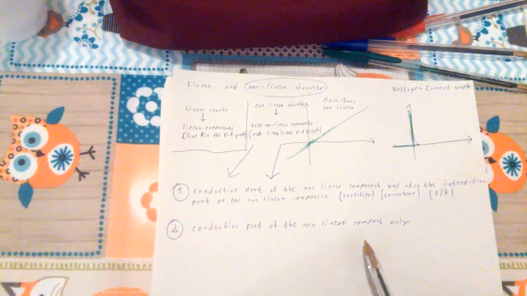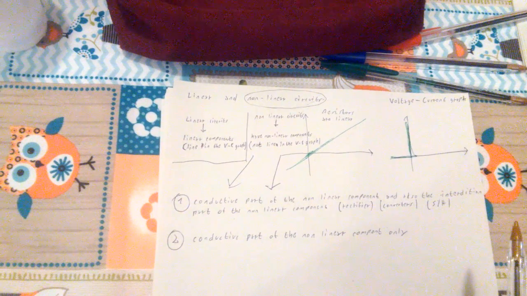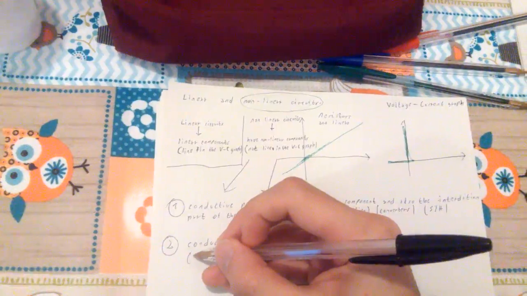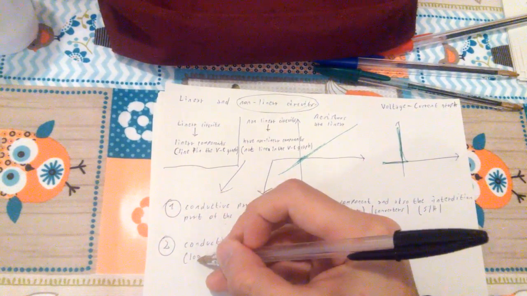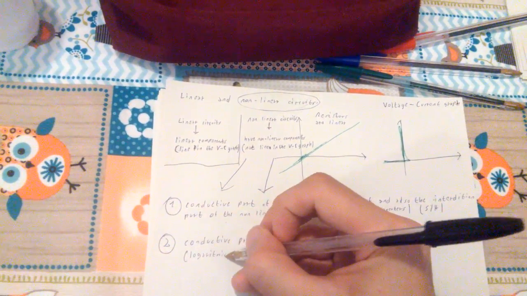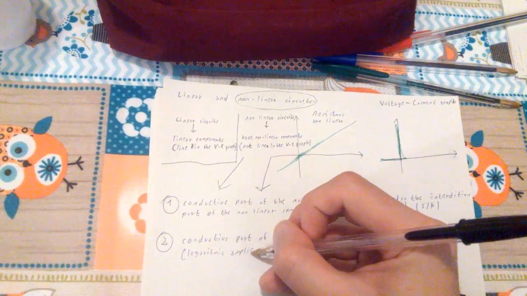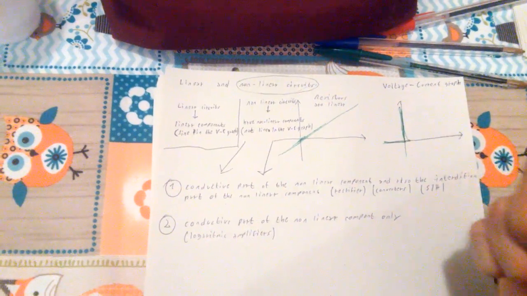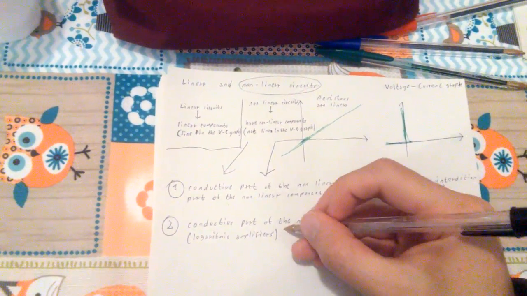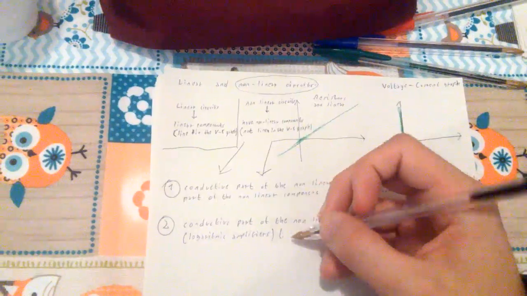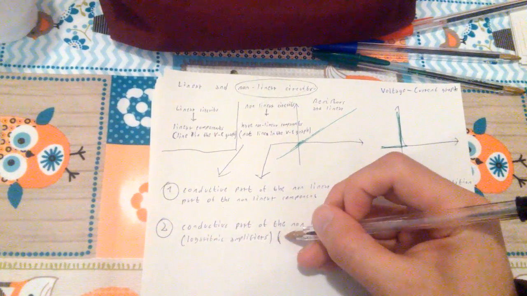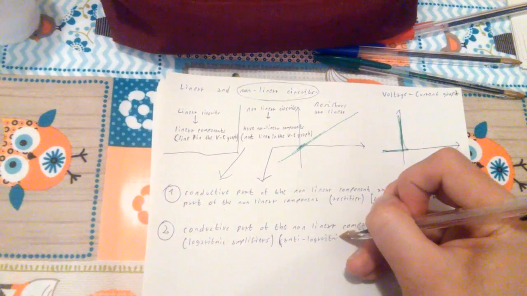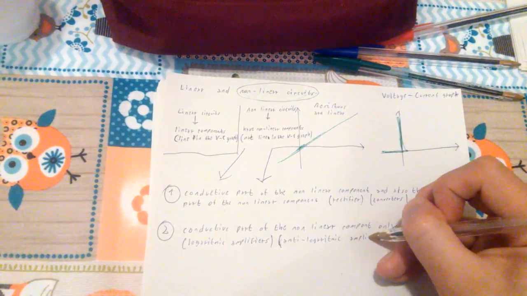And in the second category, instead, we have logarithmic amplifiers. Logarithmic amplifiers. That's a powerful name. No, I'm joking. We have anti-logarithmic amplifiers.